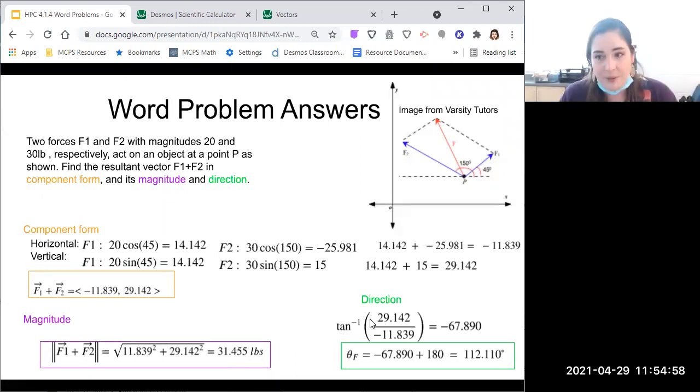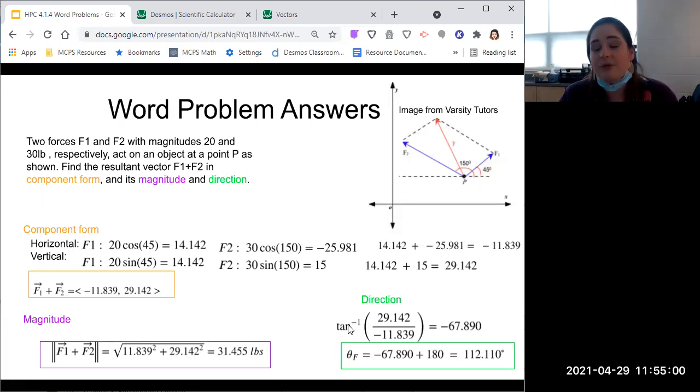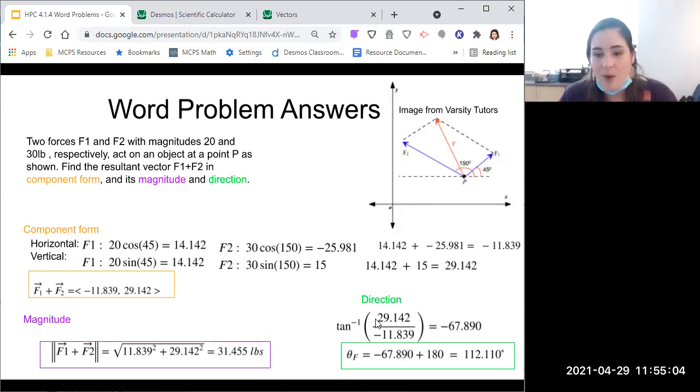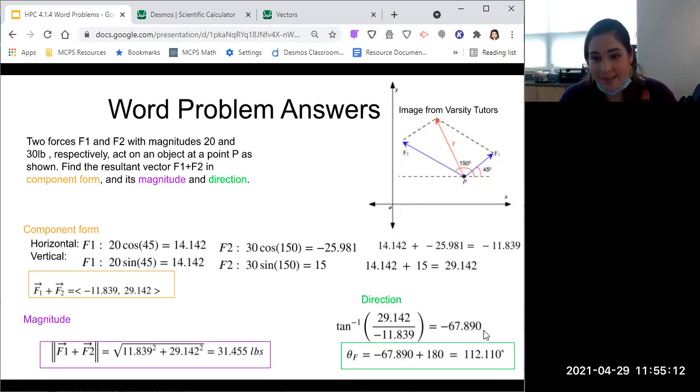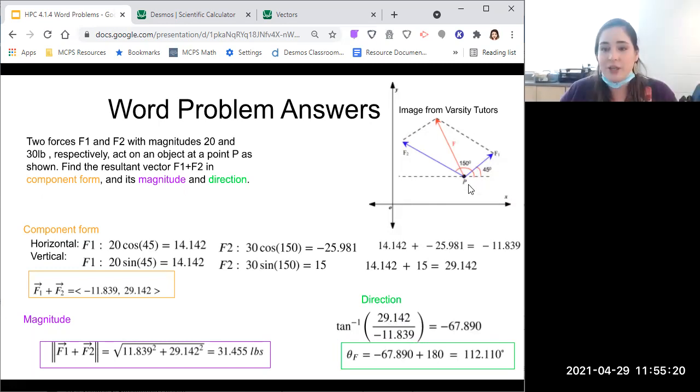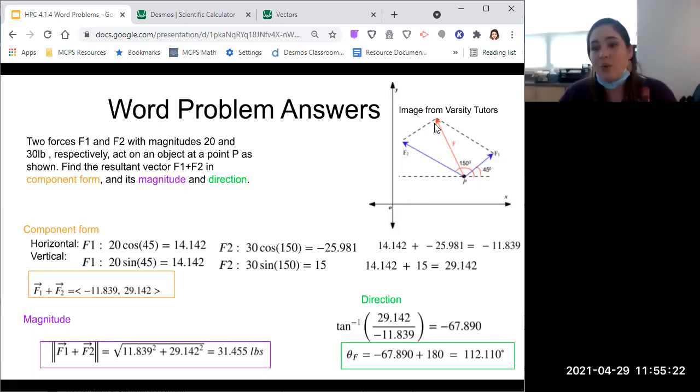Remember the formula for direction is inverse tangent of y over x. So our y is 29.142, our x is negative 11.839, and so we get negative 67.890. But that is in quadrant 4, right? Negative 67 is in quadrant 4. In this case, because we see that our red vector is pointing left and up, it's in quadrant 2.